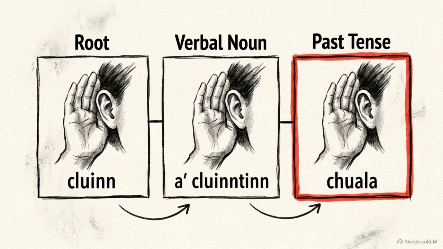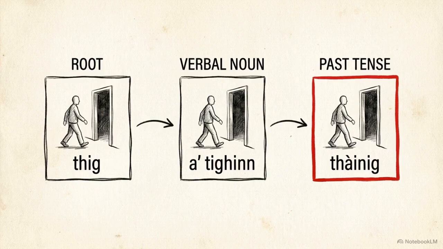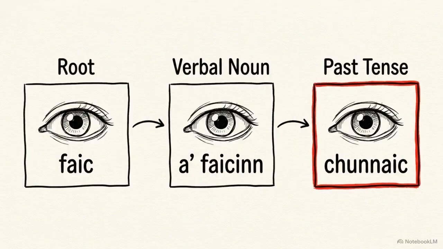For the verb hear, the root cluin and the verbal noun, a cluintin, pair with the past tense, kula. The sequence for come moves from the root thig to the verbal noun, a tigging, to the past tense, panig. To express see, the root fike and the verbal noun, a fiking, lead to the past tense, kunek.